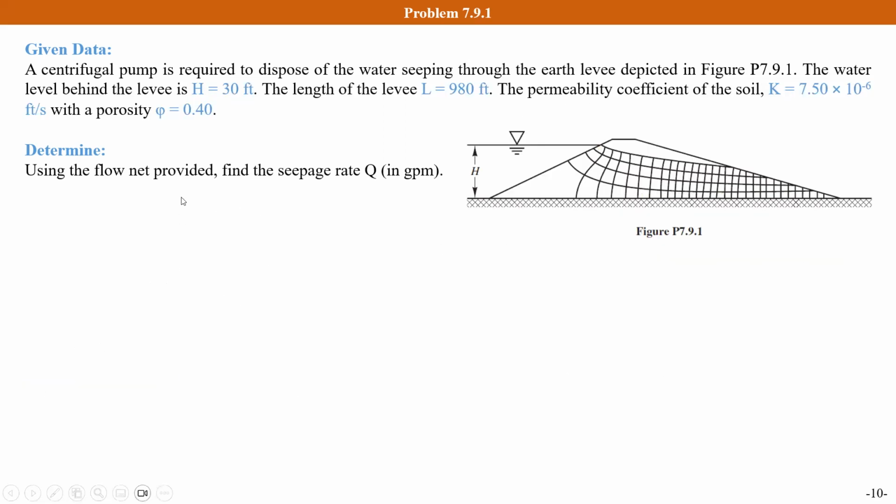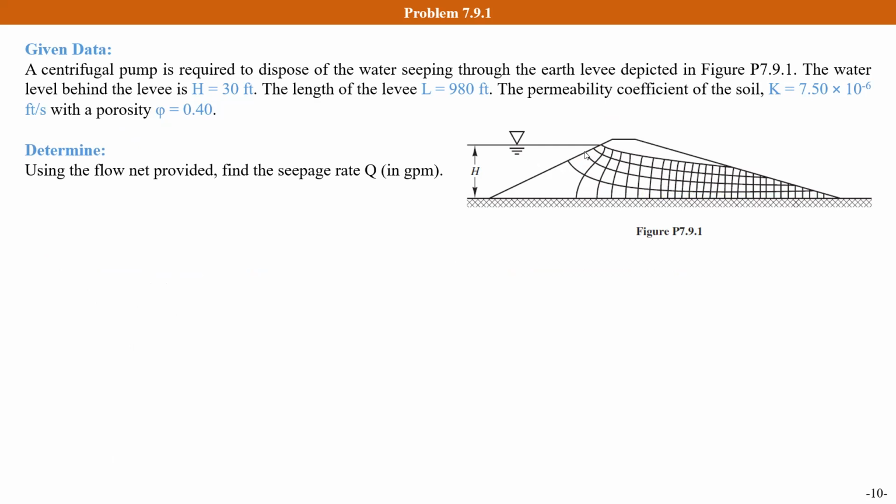Now let's move on to the last problem. A pump is required to dispose of the water seeping through the earth levee. The water level behind the levee is 30 feet. The length of the levee is 980 feet.